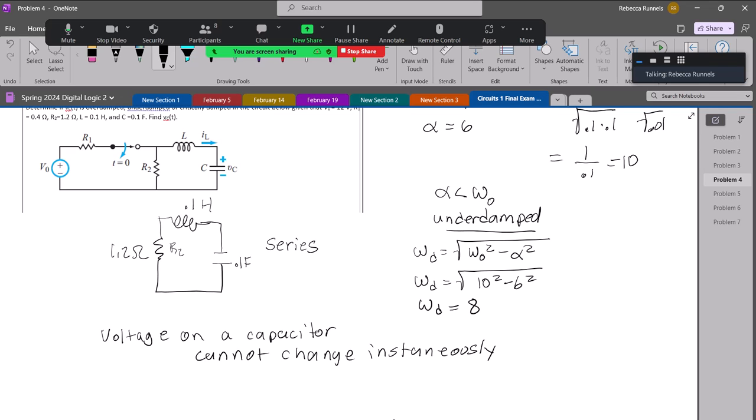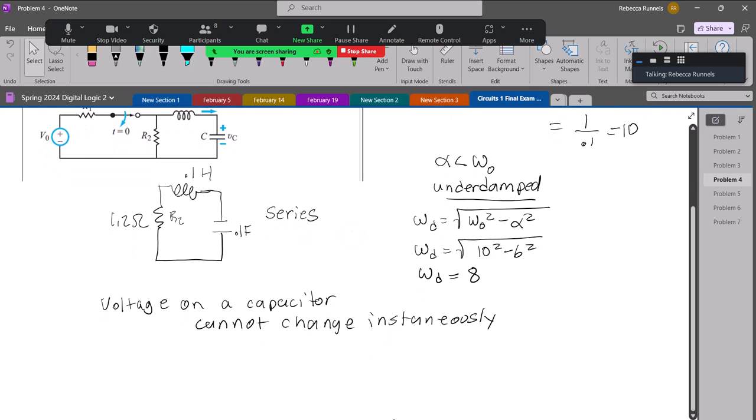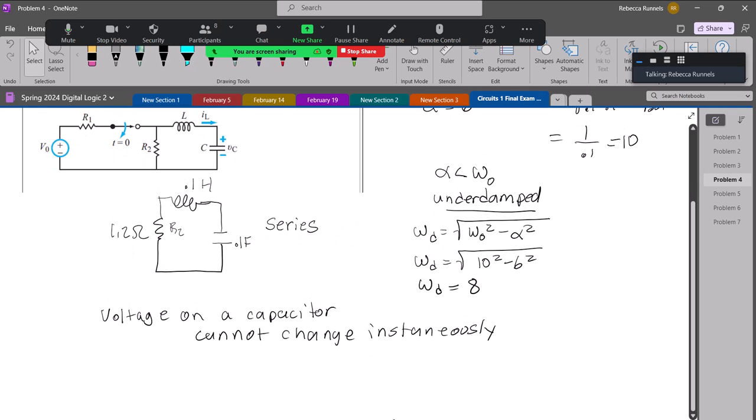So anytime you want to find VC of 0, you need to look at what the situation was right before the switch, because whatever it was right before the switch, it has to be that right after the switch as well. So right before the switch, I'm going to redraw this circuit.